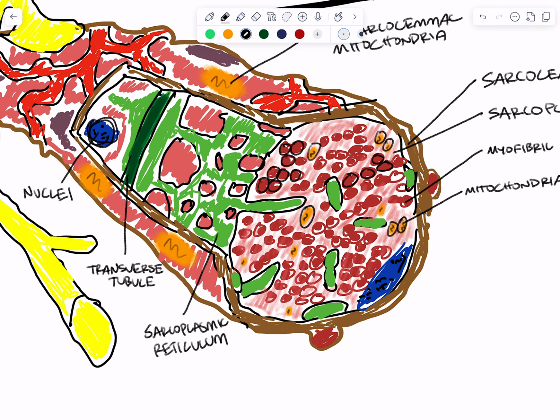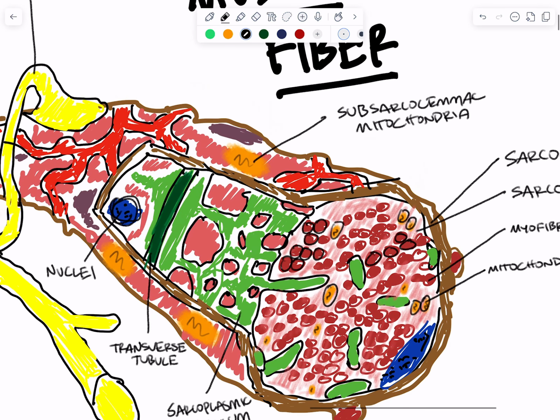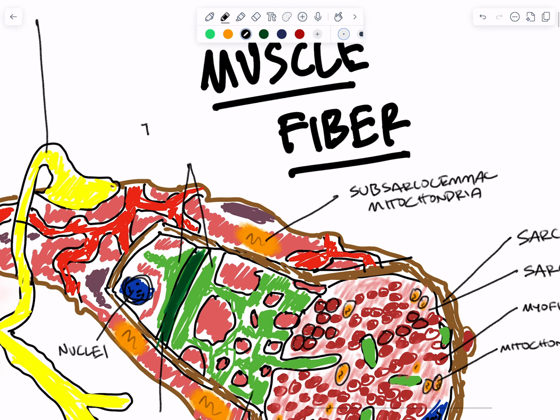So one thing to note is that the transverse tubule is continuous with the sarcolemma. So anything that happens on the sarcolemma, such as an action potential, can be transmitted very quickly to the inside of the cell. And something to be familiar with is on each side of the transverse tubule, you're going to have what is known as a terminal cisterna.